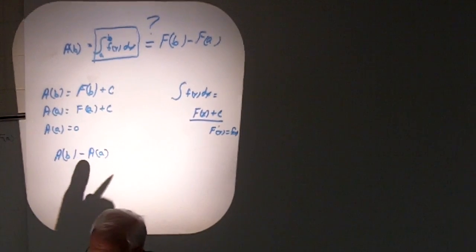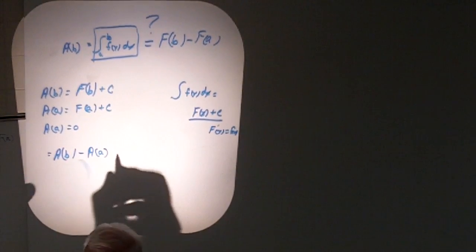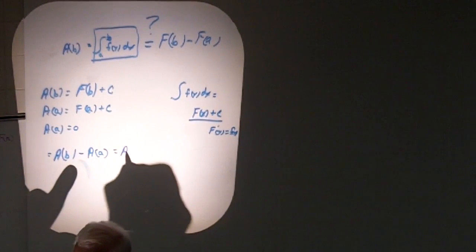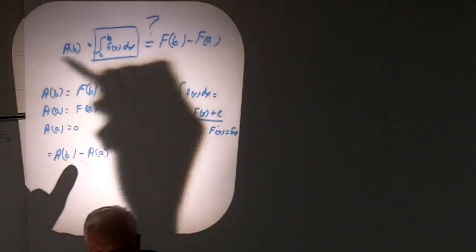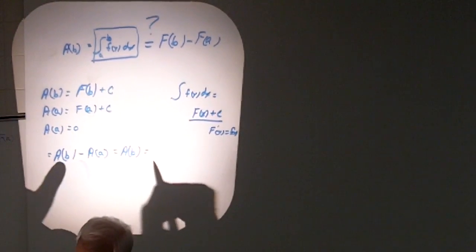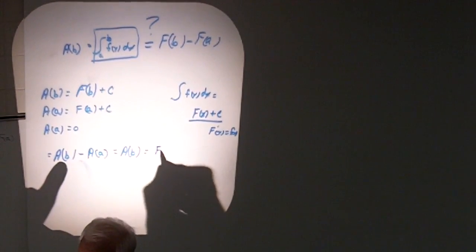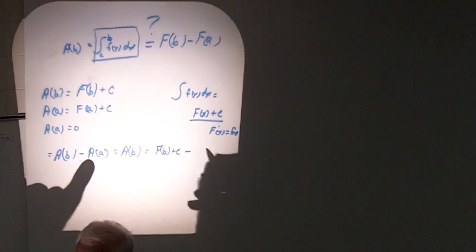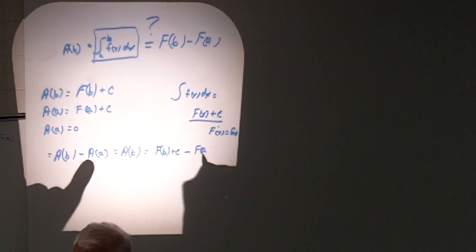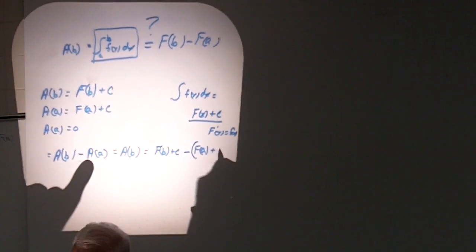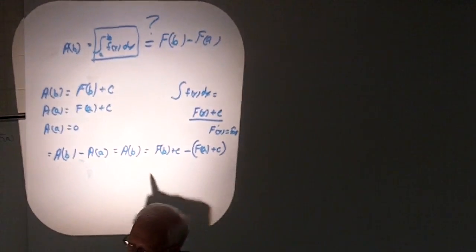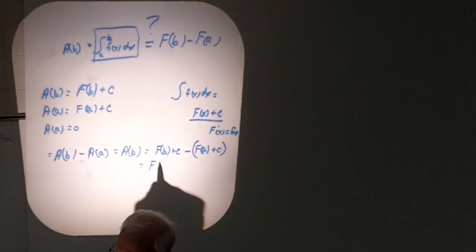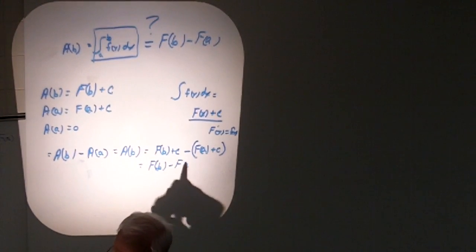Let's do it on the side. This is A at b, okay? Which is that area we're talking about. Now that's equal to this, which is F at b plus c minus F at a quantity plus c, okay? And therefore we got F of b minus F at a.